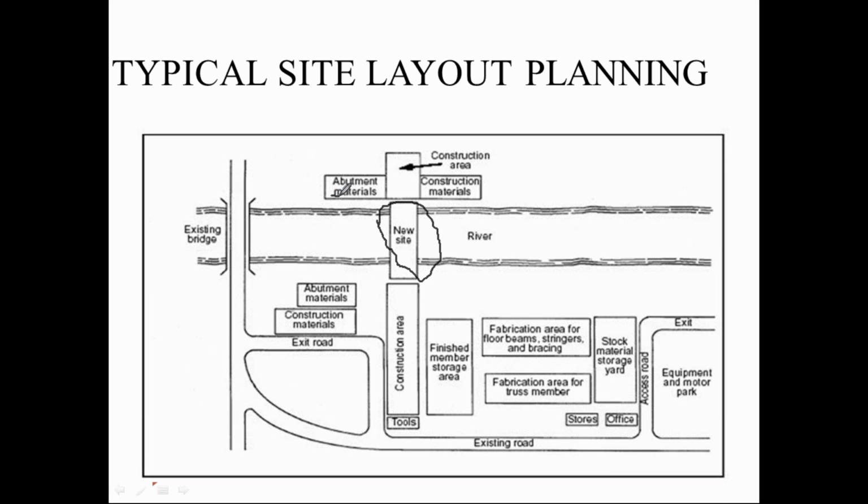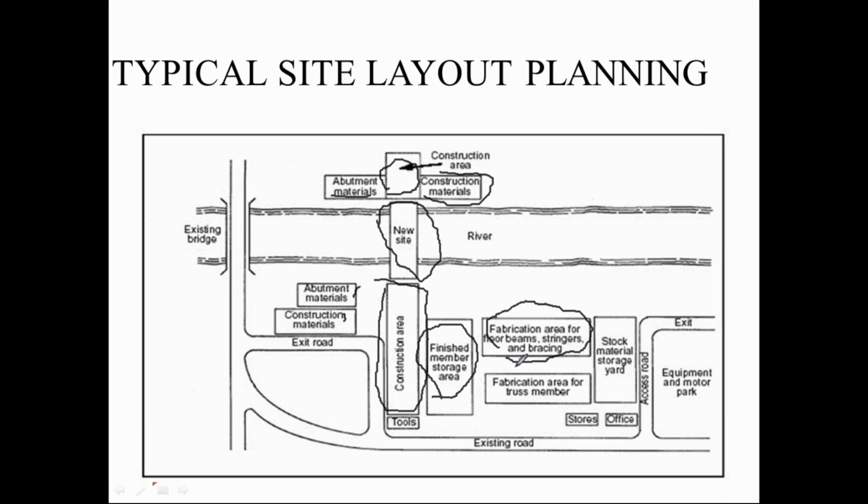Here the abutment materials are being kept, other construction materials are there, and this is the second construction area. Here also we are keeping the abutment materials and construction materials, and here the finished member storage area in case of precast, the fabrication area for beams, stringers and basin.